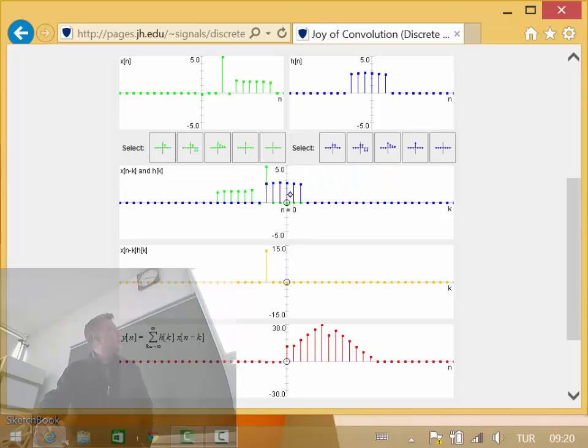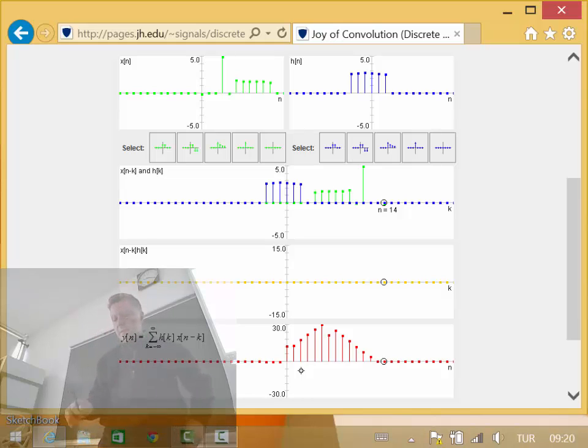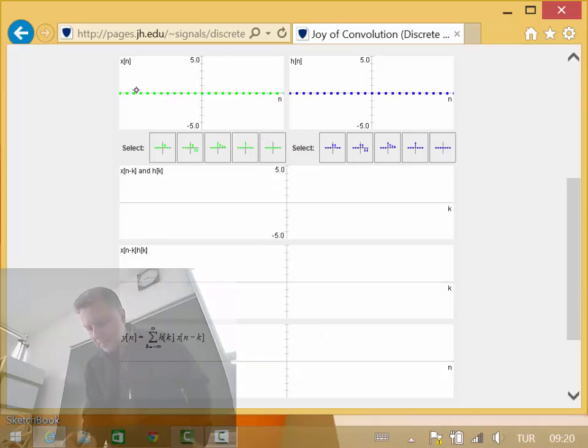This large impulse will produce a rectangle in the center which exhibits itself here. And then there is also an inclination. You have to add those two individual separate convolution results sample by sample. Okay, let's erase.